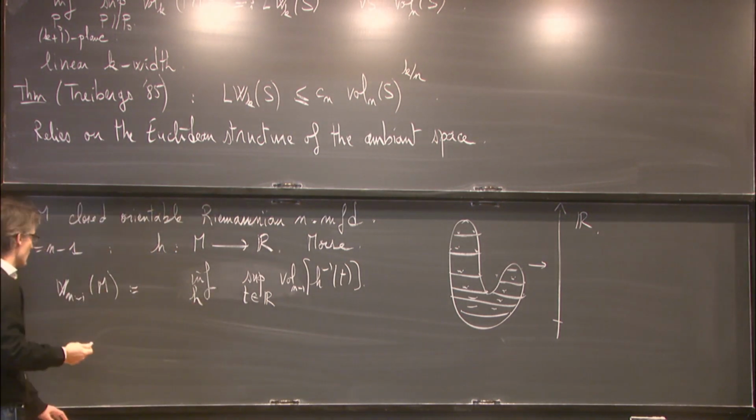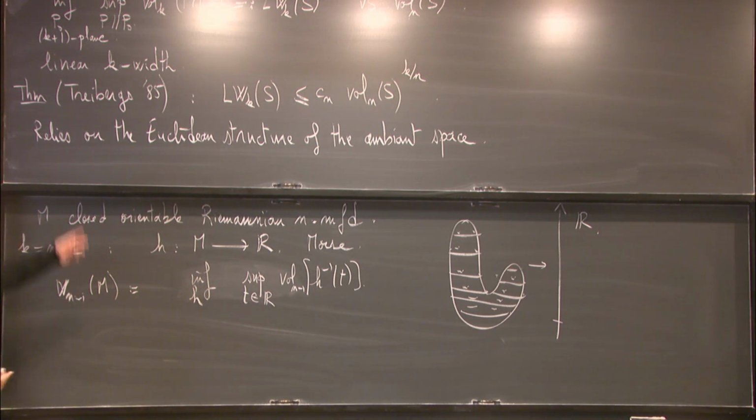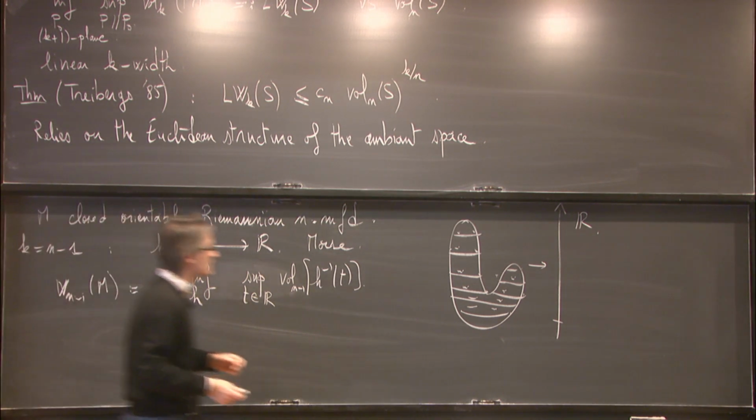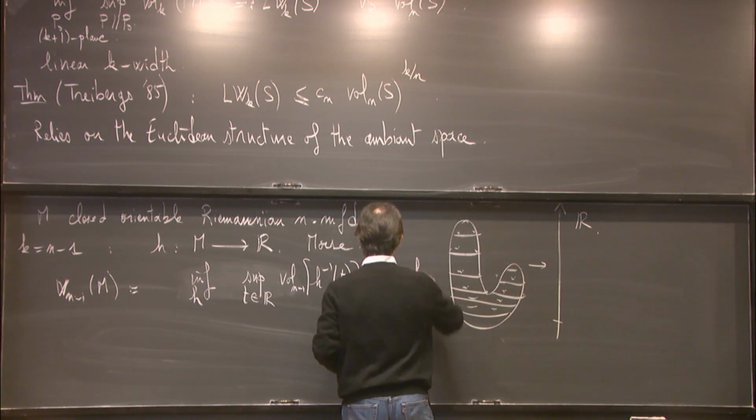So that's one way to define the (n-1)-width on Riemannian manifolds. And of course we want to compare that with the volume, like before.